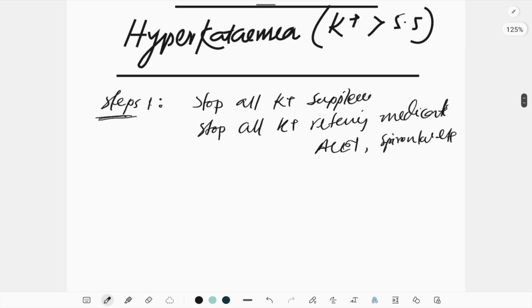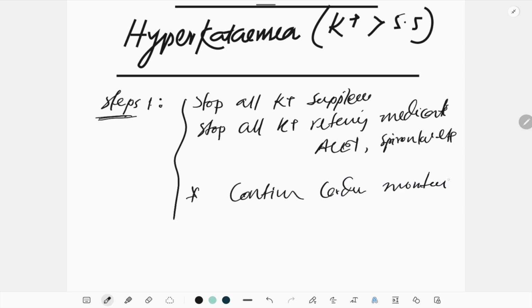And of course, with step 1, most importantly, we will put the patient on continuous cardiac monitoring, because it is the single most important parameter, the cardiac monitoring, that will guide us from time to time which modality of treatment should be given on an emergency basis.